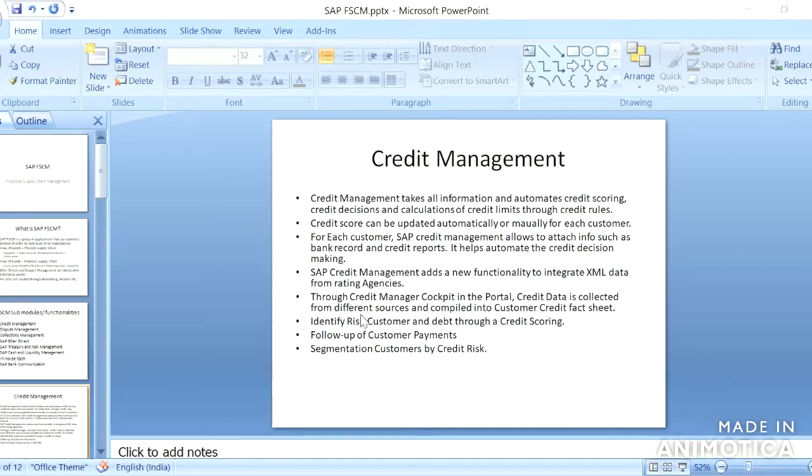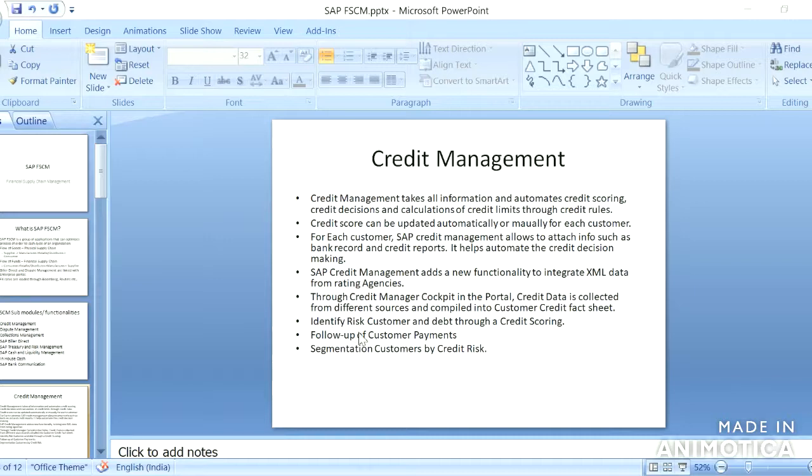So we will be getting credit data from outside SAP, compiled into a customer credit fact sheet. There are many things to find out whether the customer has the potential to pay or is very prompt in paying all the dues. That's how the credit history will build up.